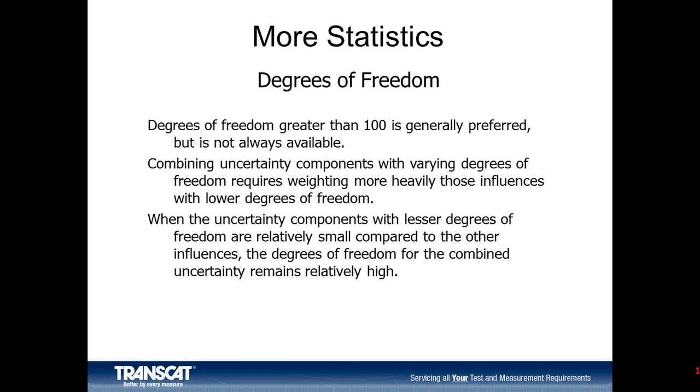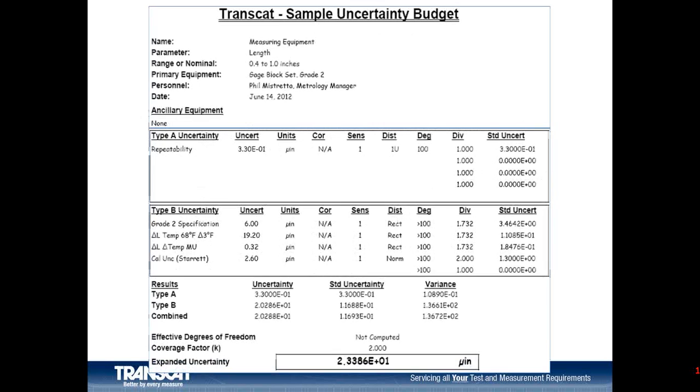So sometimes we don't have evidence of the degrees of freedom. We can make a determination about the probable or an approximate degrees of freedom. Most of the specifications that we have are considered to have 100 or higher degrees of freedom.